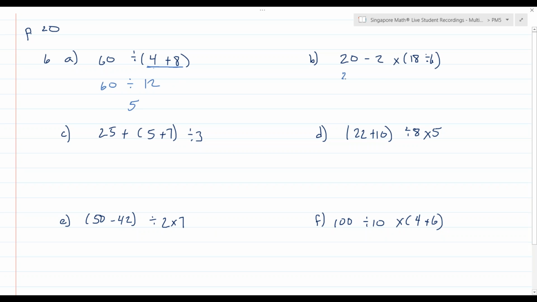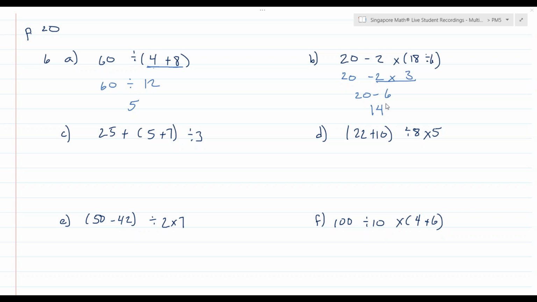The next one, again, I'm going to write down exactly what I have, except that instead of writing down 18 divided by 6, I'll write 3. Then I have to continue doing order of operations, which means I'm going to ignore the subtraction sign, and the next thing I do is going to be 2 times 3, which is 6. 20 take away 6 is 14.